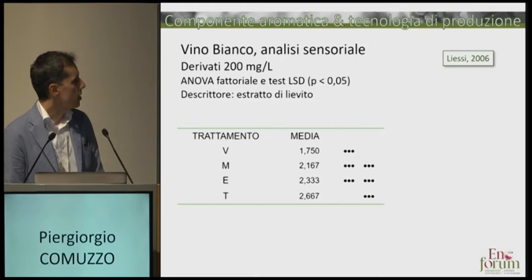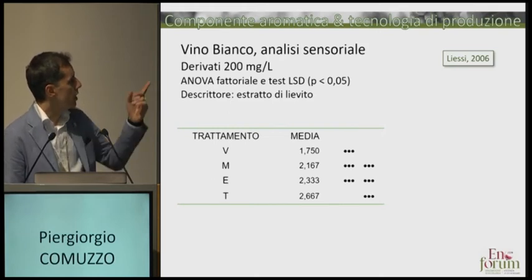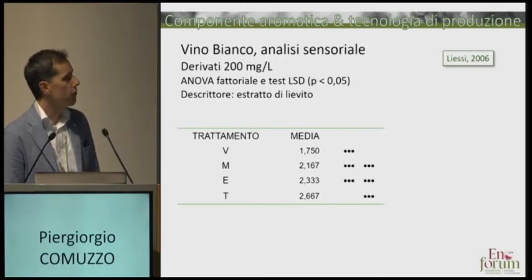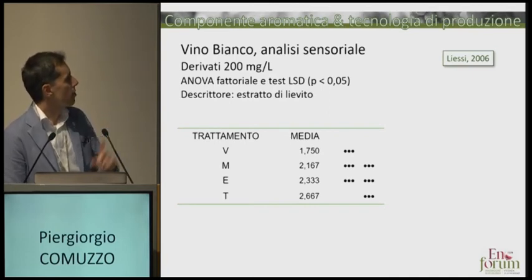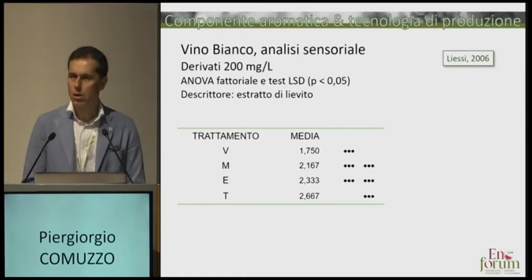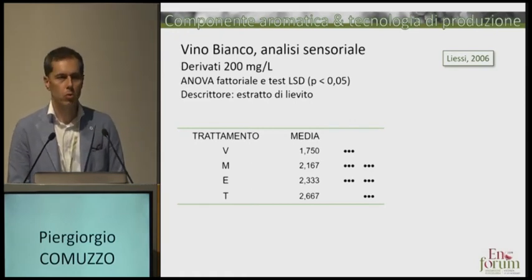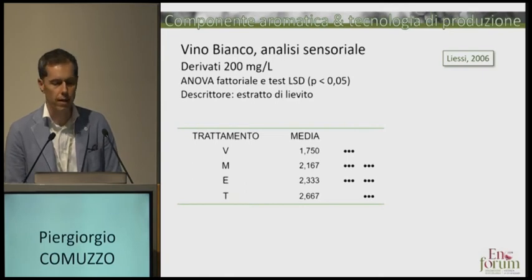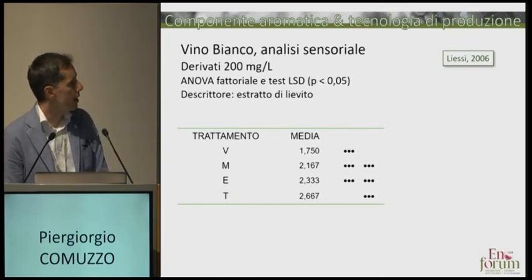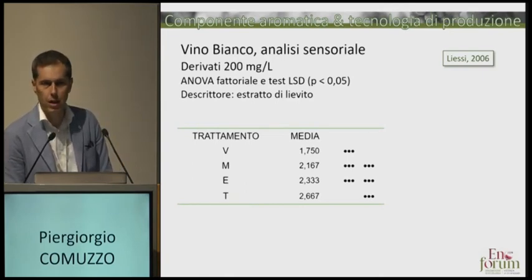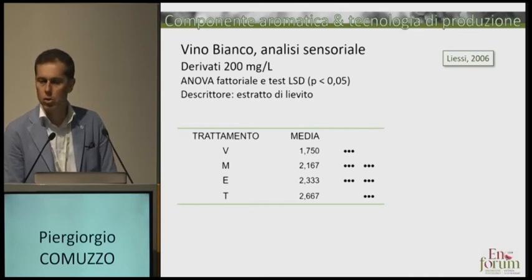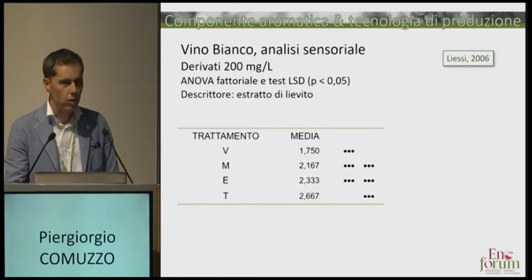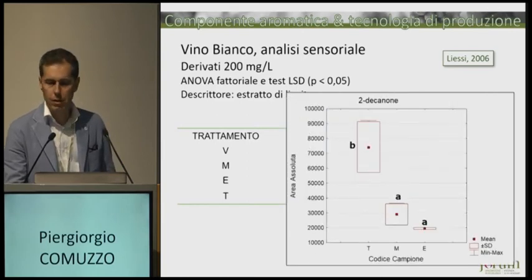Here we have considered three different ones, a mechanical, a thermical, and an enzymatic, and they were added to white wine. The dosage is very low, but we asked the panelists in which of those samples they could perceive more the yeast derivative. You can see that T, the thermolysate, is the one that is the most different.